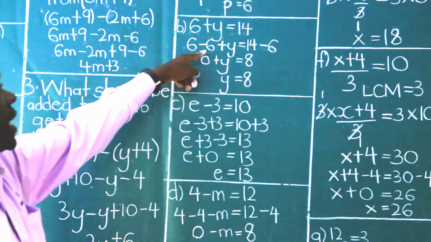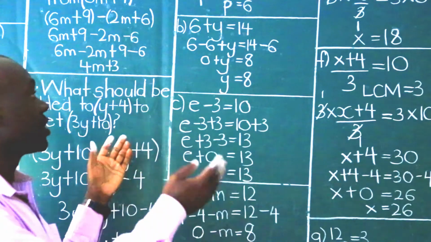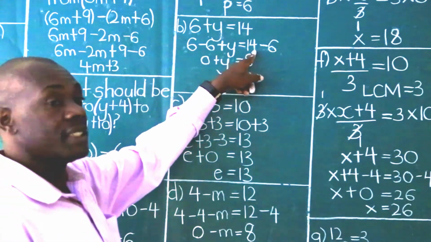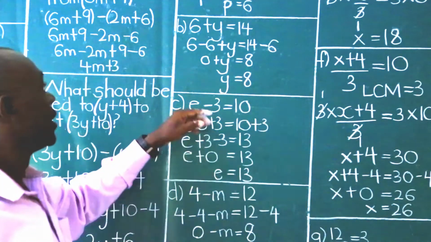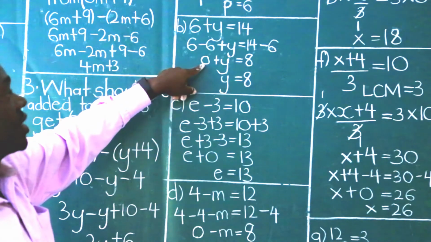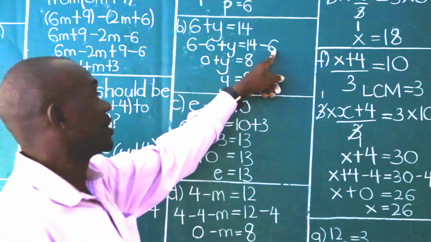So we say 6 minus 6 plus y is equal to 14 minus 6. What you do this side is what you do the other side. So the value of 6 is now spoiled, where 6 minus 6 is 0, then plus y, which is equal to the difference between 14 and 6, which is 8.